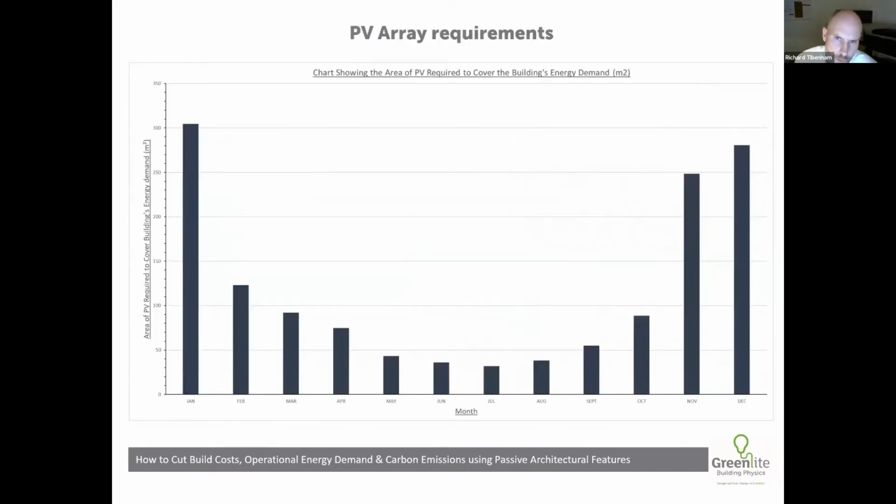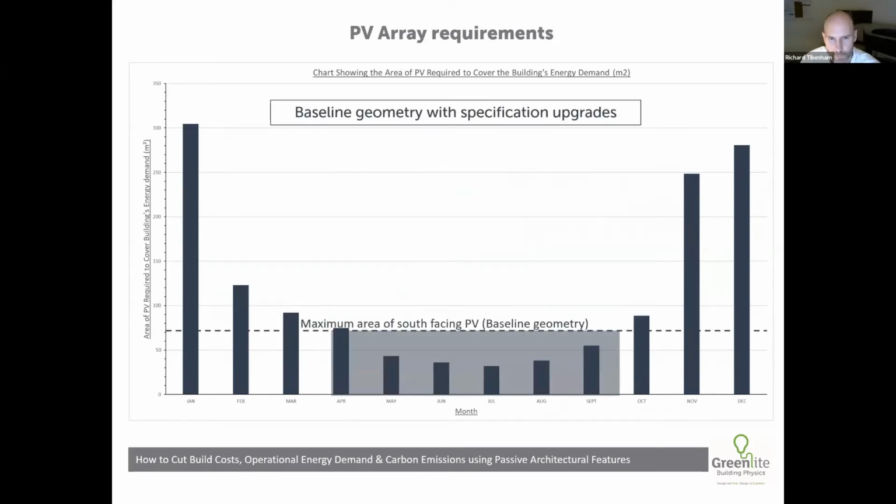So another way of looking at this is how much PV it requires to run the building throughout the year. We can see here that with the baseline, the proposed geometry, you would need over 300 metres square of PV to run the building in January, and around 275 metres square in December. We don't have that much on the roof of the building.